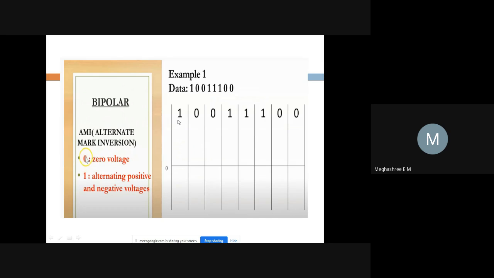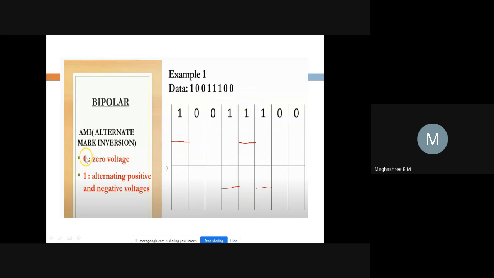Whenever there is a 1, if you start with the signal on this side, then when you encounter bit 1 again in the given data, you have to alternate it to the other side. If you started with the first bit 1 at the positive side, then the next bit 1 you have to mark at the negative side, the next one at the positive side, and the next one at the negative side.